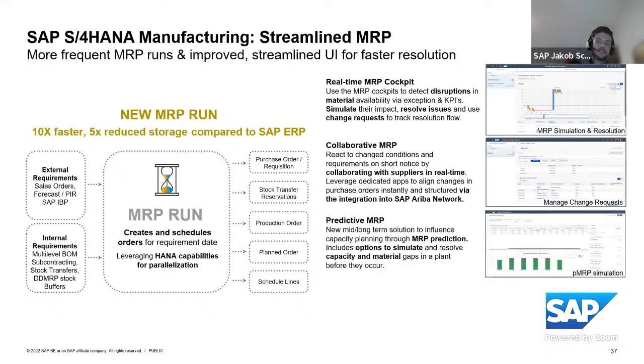The next thing that is definitely worth mentioning, because that hasn't existed in that way in the old ERP ECC world at all, is what we call the predictive MRP.